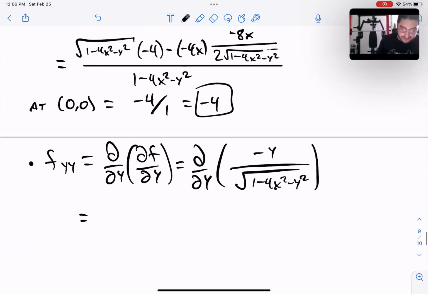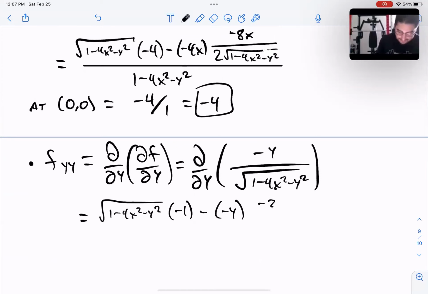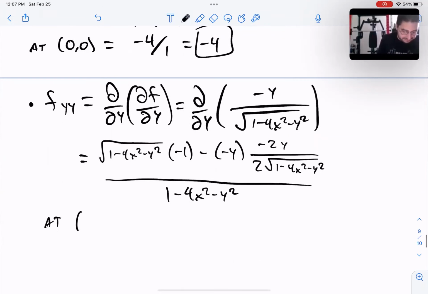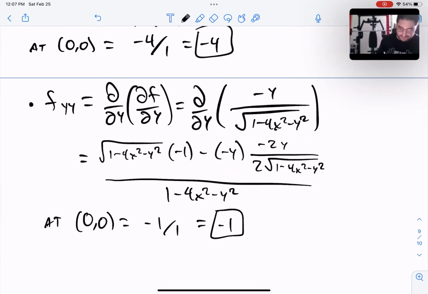So I do low d high minus high d low, all over low squared. Which again looks really bad until you actually plug in the values that we're interested in. And here we just get -1. Okay, not so bad. There we go.